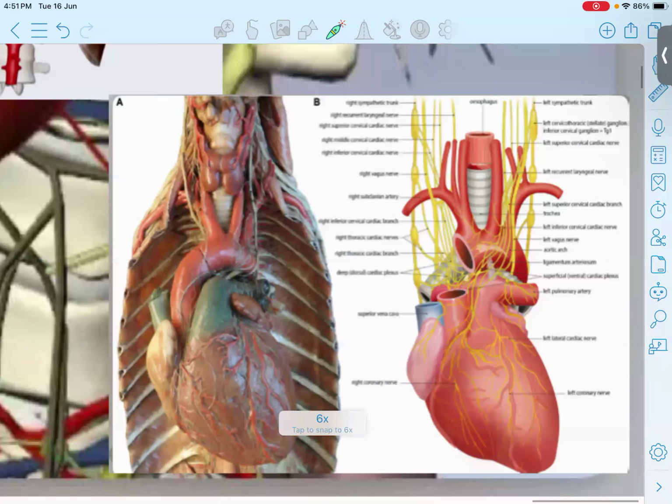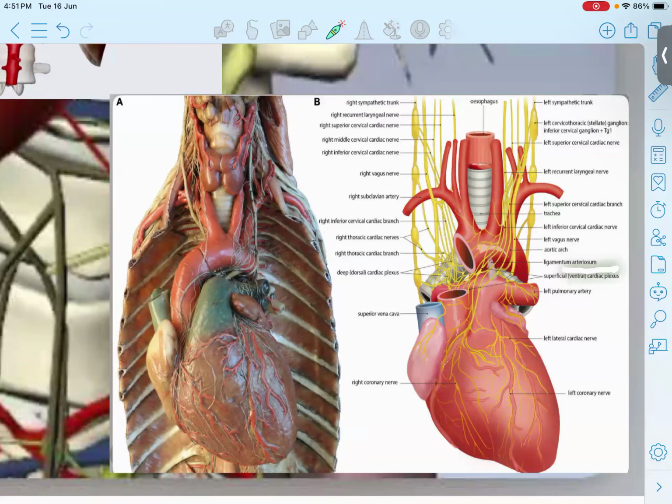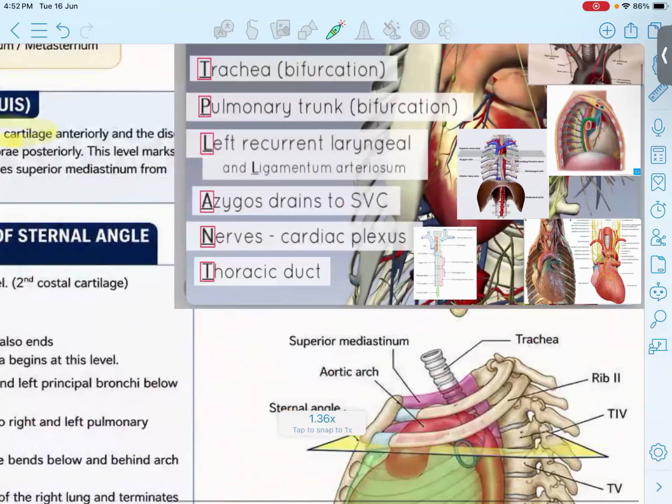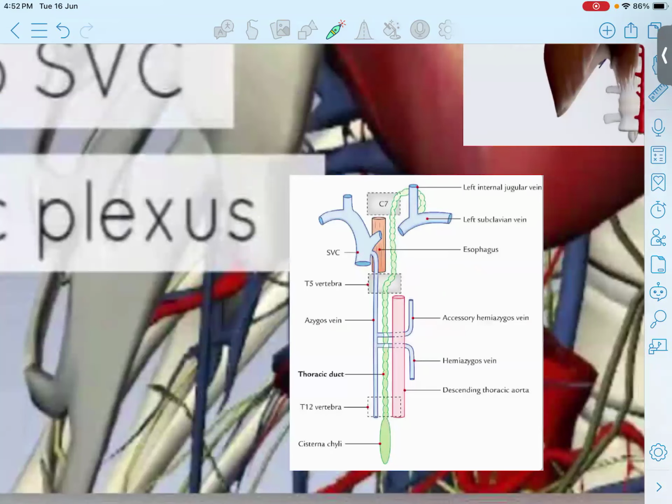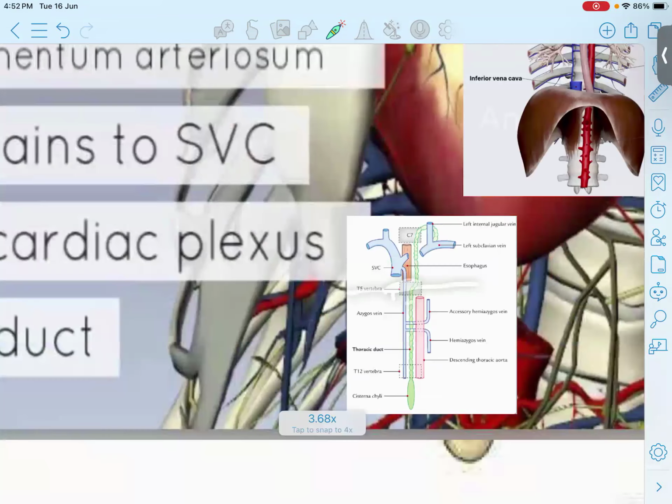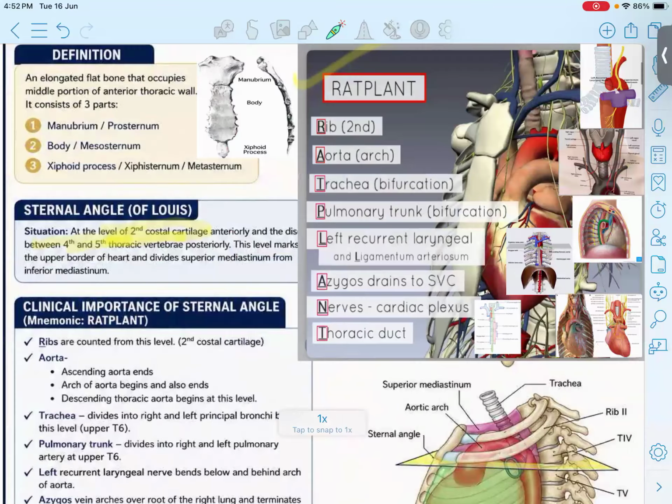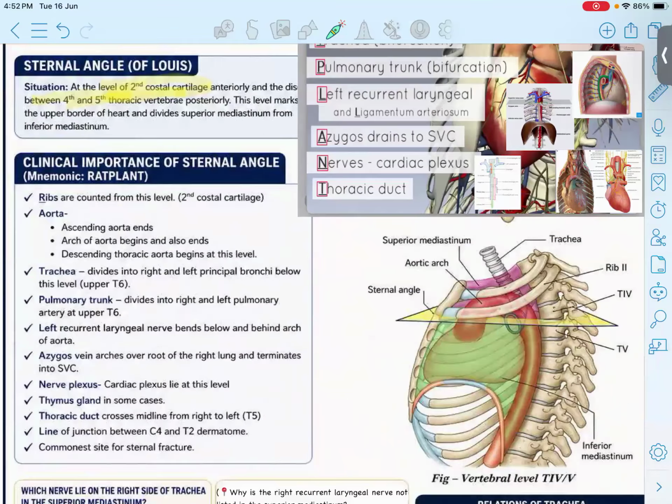In this image, the superficial cardiac plexus and deep cardiac plexus are situated here. And last, T is thoracic duct, which bends here at this level. So just memorize this, RAT PLANT. Another thing is the commonest site of sternal fracture.